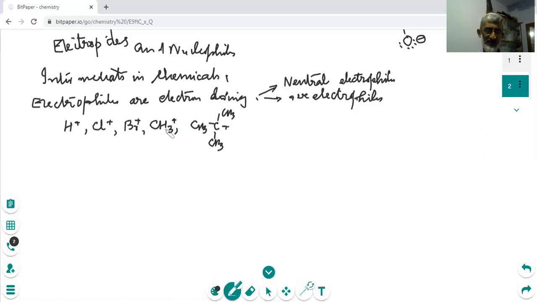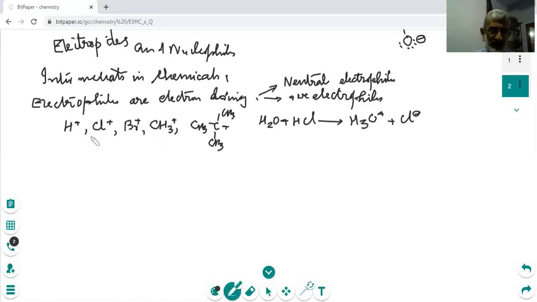In the case of H plus, you take water and add HCl. You get H3O plus plus Cl minus.